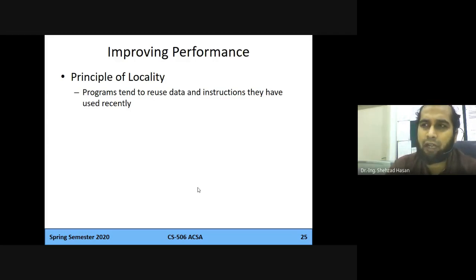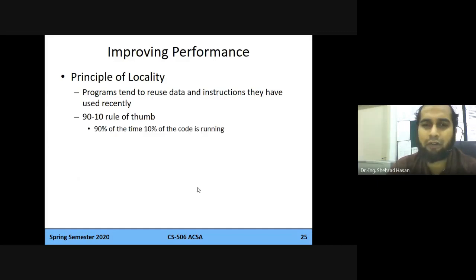When you write programs in computers, they have the tendency that the data they access or the instructions they want are localized. If you reference one item in memory, it's more likely that you are going to reference the next item which is close to it, right? That's called the principle of locality.